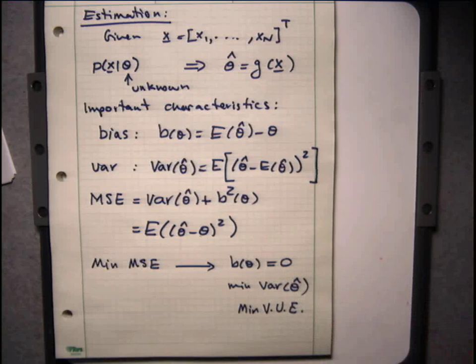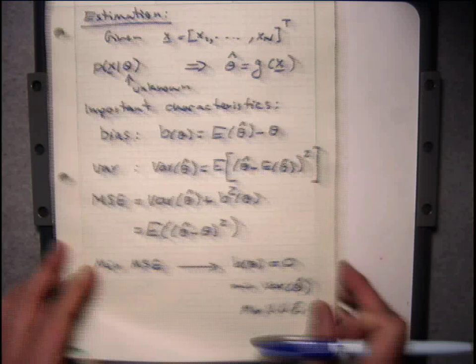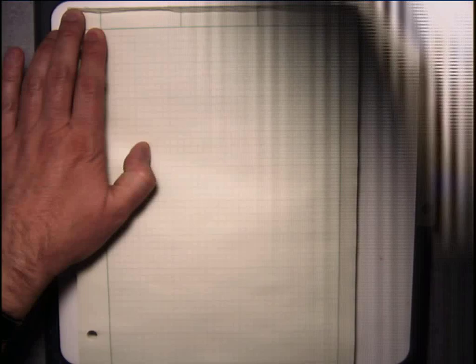Now, if you're able to come up with a minimum variance unbiased estimator, how small can this variance be? This was given by the Cramer-Rao lower bound.